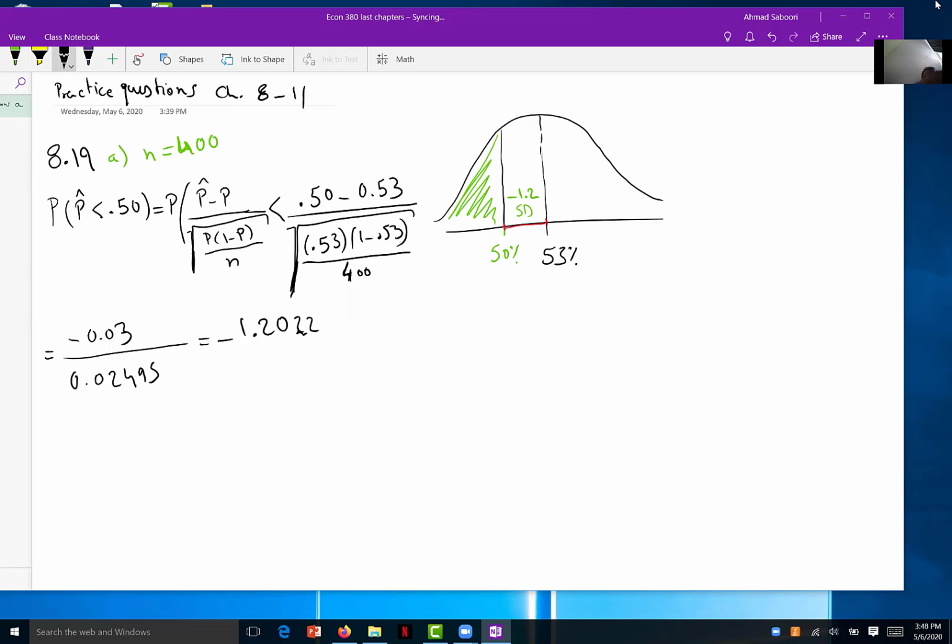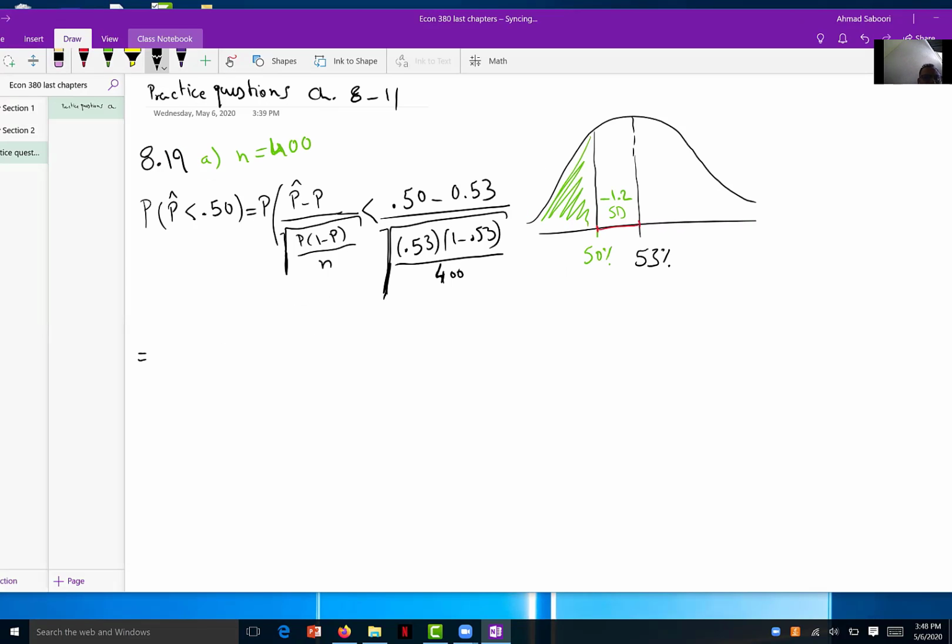Actually, I should have written it a little bit nicer. Let me do that. What is it? The probability that Z is smaller than minus 1.2 standard deviations, and that is 0.1151. So we have, I think we called it weak evidence or something like that. His claim may be true, right?